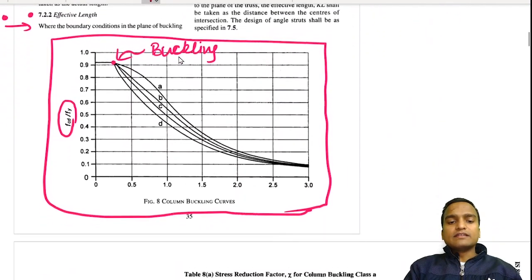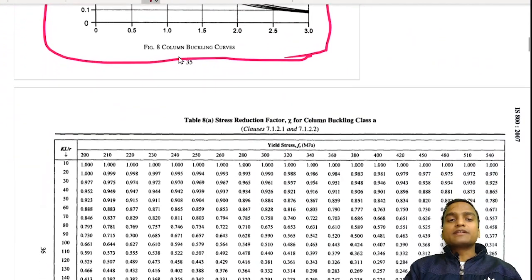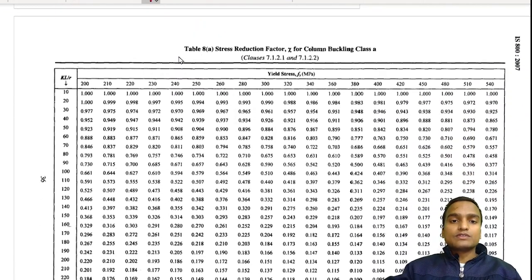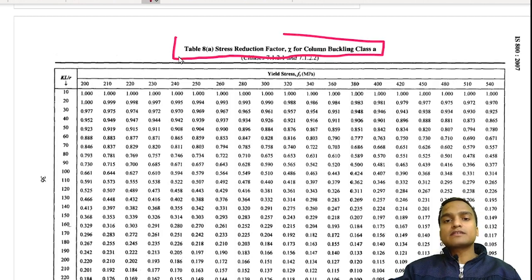So now we will see different tables like table number 8, and here we are seeing table 8A. This table 8A is for the stress reduction factor X value for column buckling class A. Here you have yield stress Fy in megapascal and KL by r, the slenderness ratio.